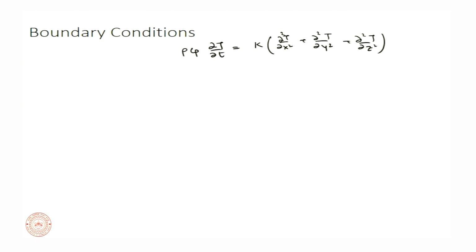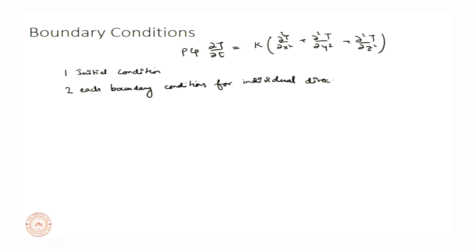How many initial conditions and boundary conditions do we need? This is a first order derivative with respect to t, so we need one initial condition. And we need two boundary conditions for each individual direction.